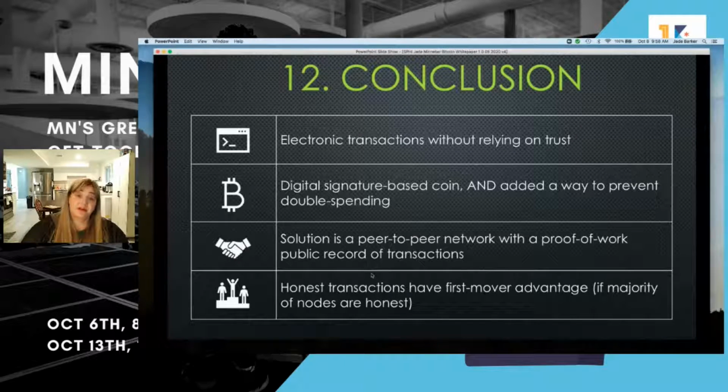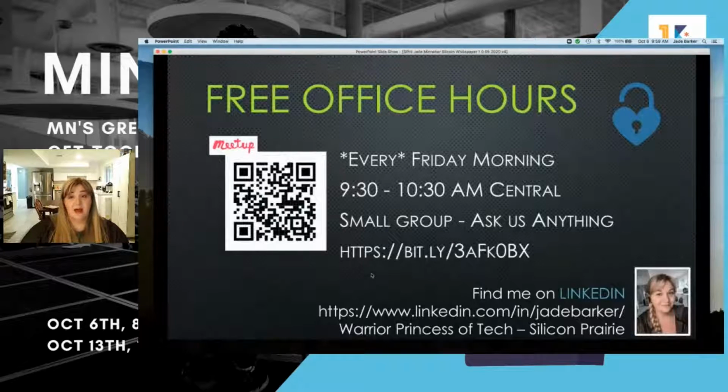So the conclusion is that you can have transactions without relying on a bank or some sort of other trusted source like a credit card company. You can actually prevent a double spend or counterfeit in that system. You just have to have a peer-to-peer network with some sort of proof of work, or now there's other proof methods, and honest transactions come ahead. So that puts me exactly on time.